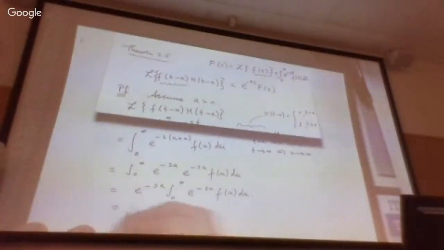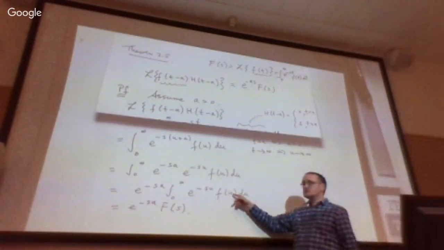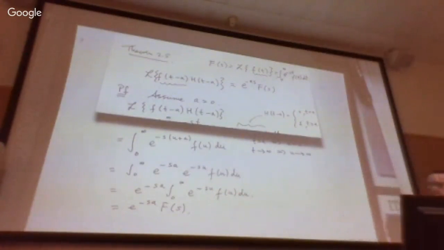So this is exactly e to the minus sa times capital F of s. The fact that this is in terms of u makes no difference. So we get out the required result.